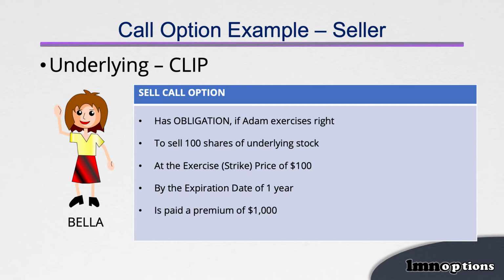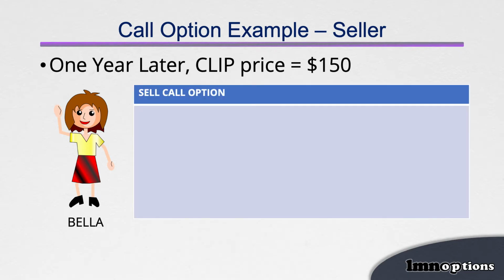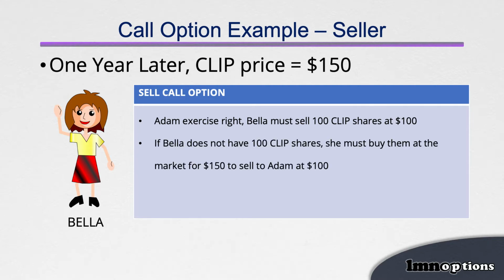So if we toggle back to our two scenarios, in the first scenario, when the price of Clip has increased to $150 per share, Adam will exercise his right, and Bella must sell the 100 shares of Clip at $100 per share to Adam. If Bella does not have 100 Clip shares already in her portfolio, she must buy them at the market for the current market price at $150 and then sell them to Adam at $100 per share.